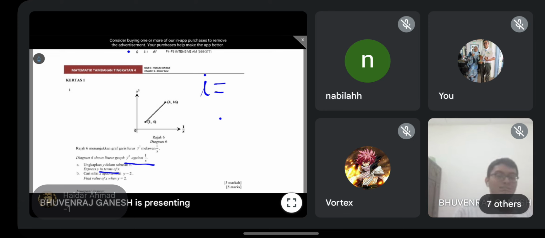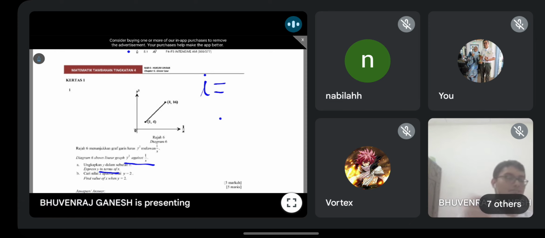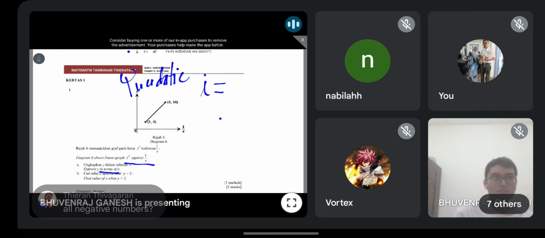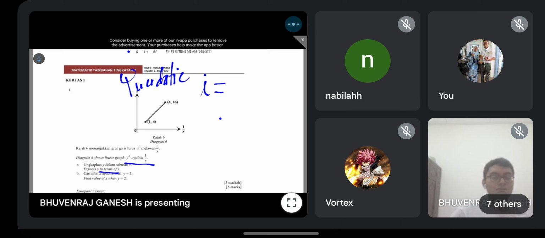-1 only, yeah. It's not -1. You're missing something. Anyone? Value of i? This one is in quadratic chapter, guys. Sometimes they can ask. Not positive, negative. No, this is called imaginary number. But what is the value of i?